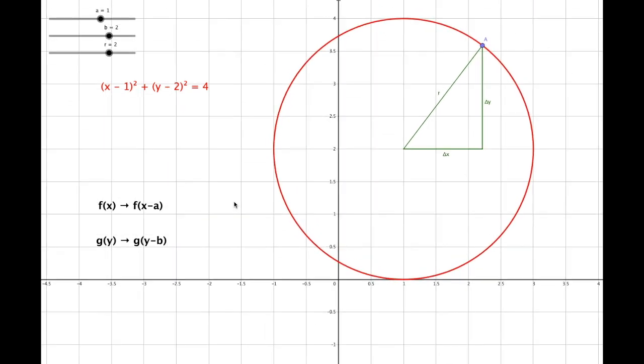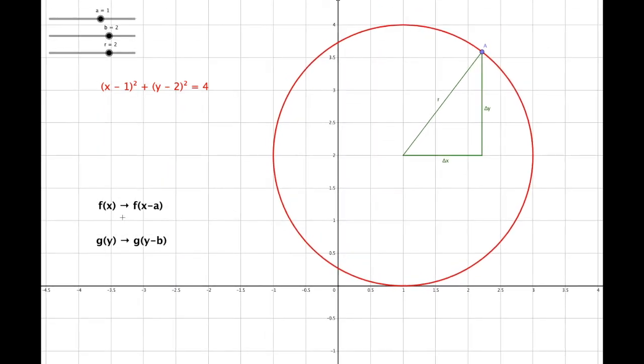Just move that down so we can see it. When we transform to y minus b, the object moves upwards even though it says minus b, and another way of thinking of that is that the axis is moving downwards according to the minus b.